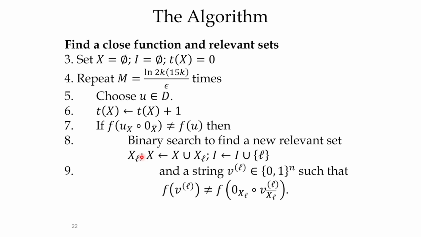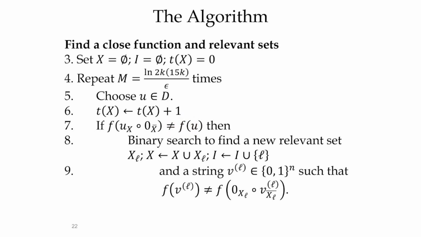We activate the function f on u subscript capital X concatenation 0 subscript capital X bar, and we check that it's not equal to f.